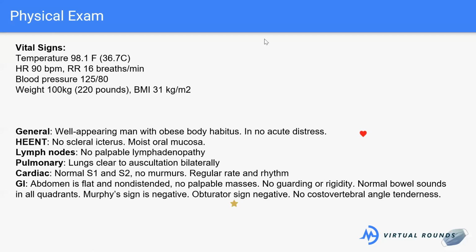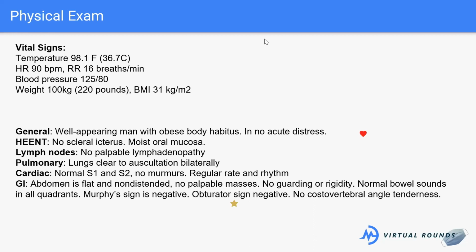Anything abnormal you guys notice about these findings? His blood pressure's a bit high, but not so high. Yeah, everything's mostly normal.